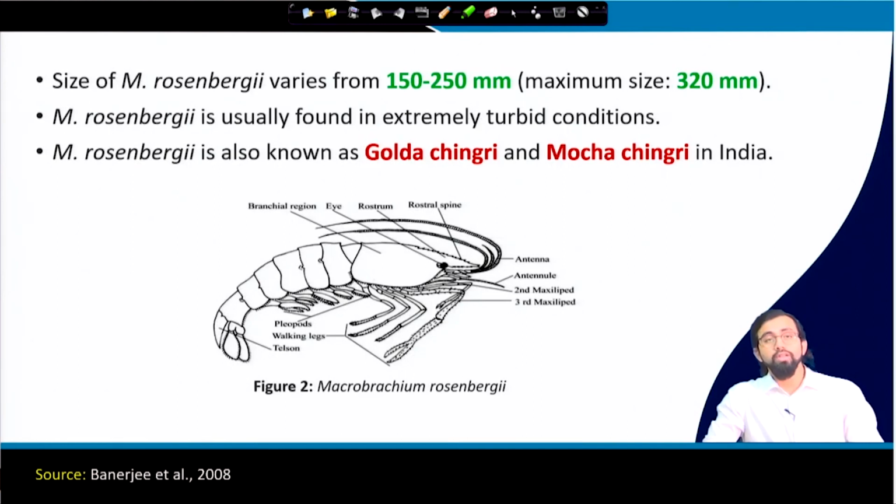The size of this Macrobrachium rosenbergii, or the scampi, varies from 150 to 250 millimeter. Maximum size can be 320 millimeter, which is really huge. We can usually find them in extremely turbid conditions, and they are also known as golda chingri or mocha chingri in India.